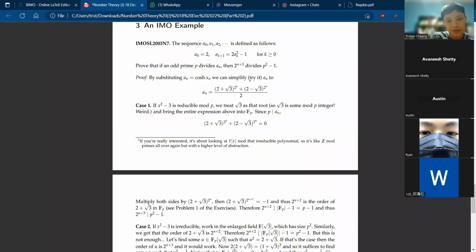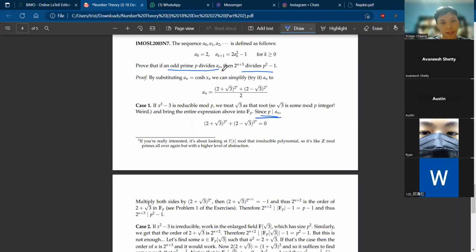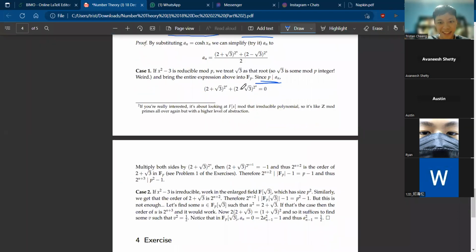So since p divides a_n, because it says if an odd prime p divides a_n, then 2^(n+3) divides p squared minus 1. So if an odd prime p divides a_n, then the numerator is 0 because p is an odd prime. The 2 has no place here. So I have this.